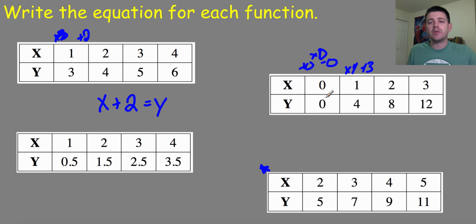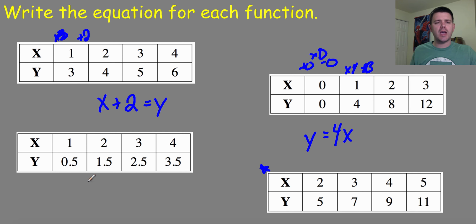Well, to get from 0 to 0, if I did 0 times 4, is that still equal to 0? Yeah. If I did 0 plus 3, would that still be equal to 0? No. So let's check one more pair. To get from 2 to 8, does it work to just multiply times 4? Yeah, that works. So what did we do to x? We multiplied times 4, and that got me an answer for my y. So that's how I write it as an equation.